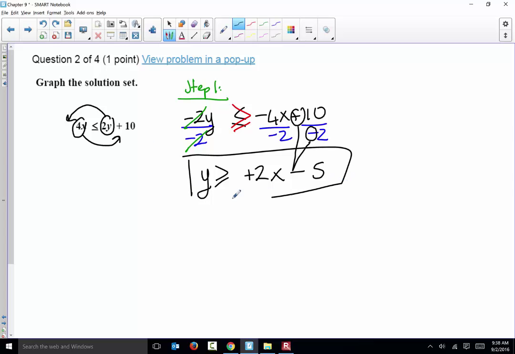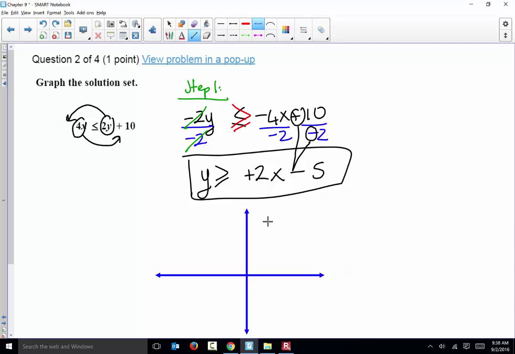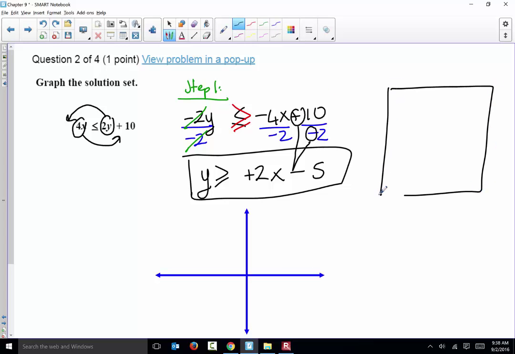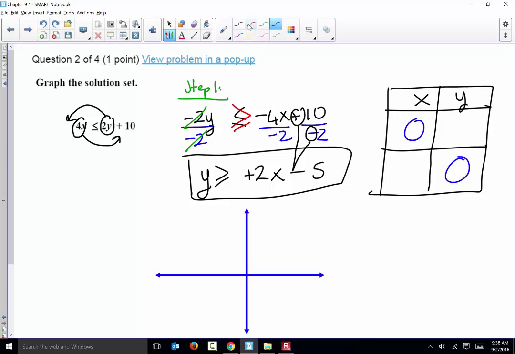Y is isolated. We're gonna picture this line in step 2, but I need to get first 2 points on this table, and apparently you guys chose 0 for x, 0 for y, and computed the other sides.